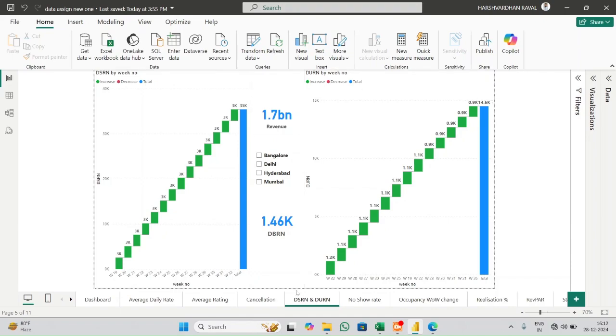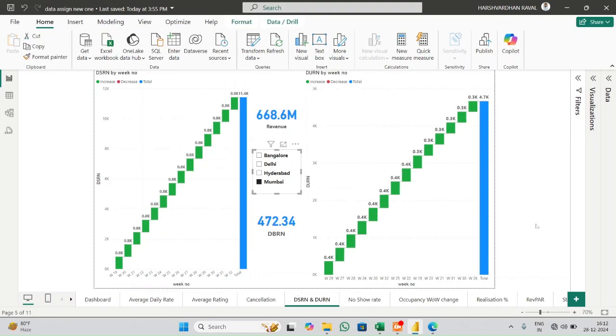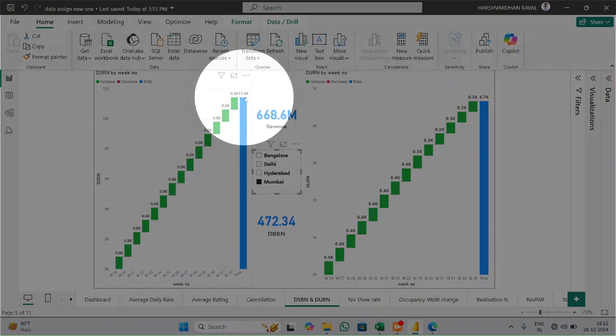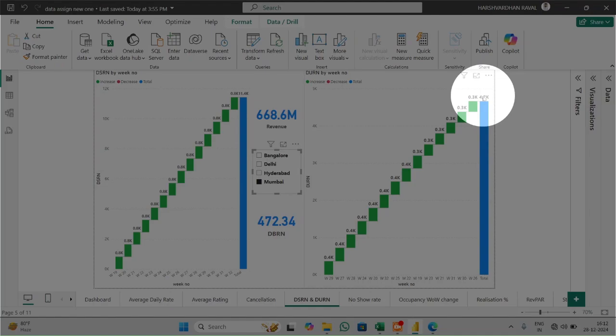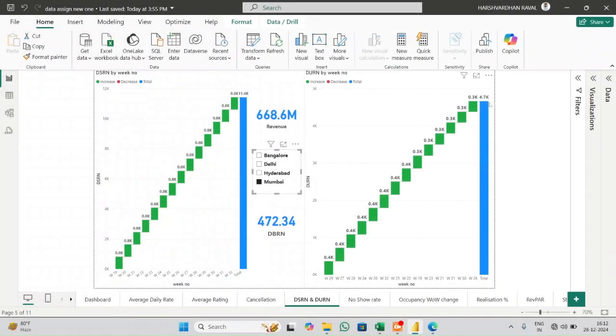So now let's check what the situation is in Mumbai. Here we can see the same situation: 11.4 is the daily sellable room nights, but at the same time the utilized was only 4.7, nearly 5, but still it is a 50% occupancy rate. It is slightly good.